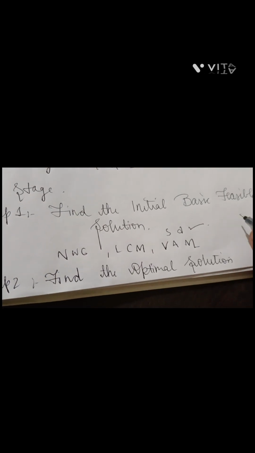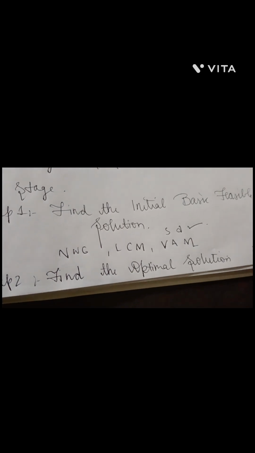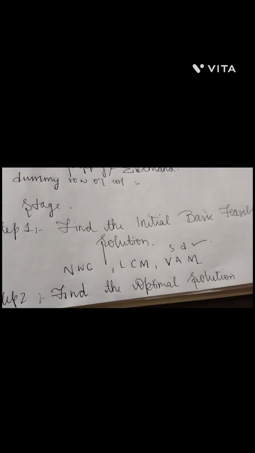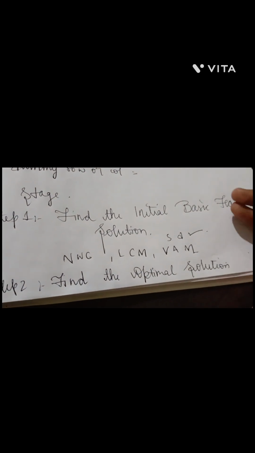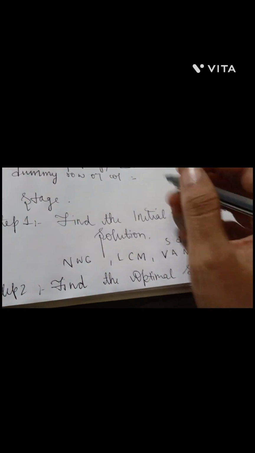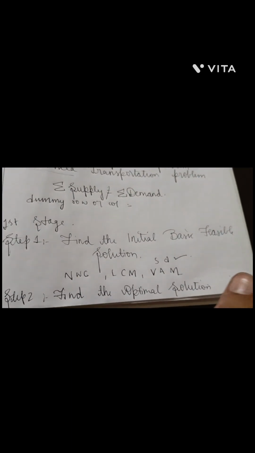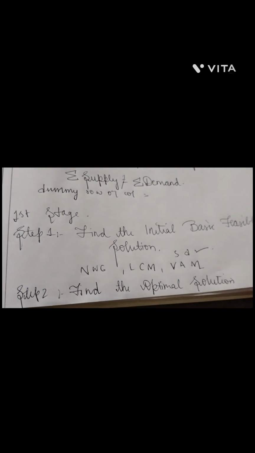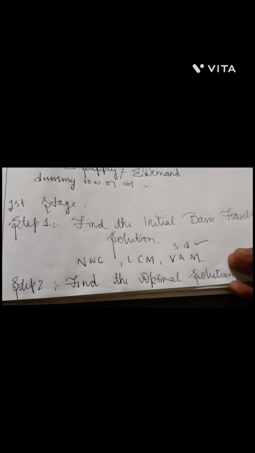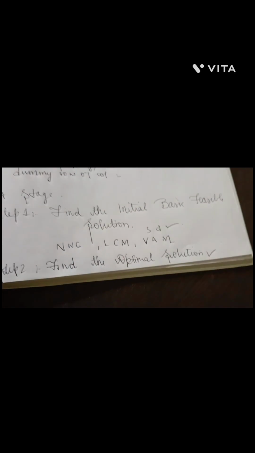Here we check whether our current solution gives the minimum transportation cost or not. If not, we improve the solution step by step until we reach the best possible result. So overall, solving a transportation problem is a two-step process. First, find an initial basic feasible solution, and then improve it to get the optimal solution.